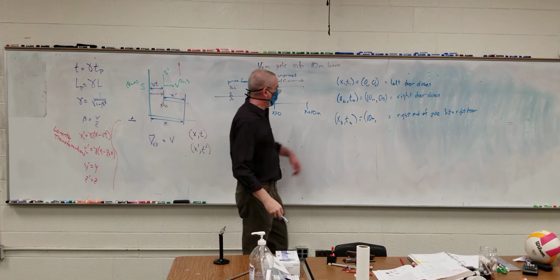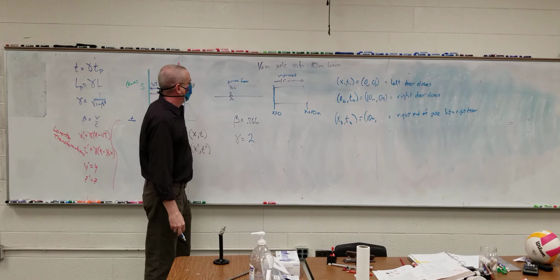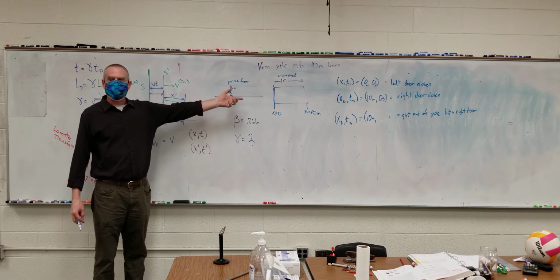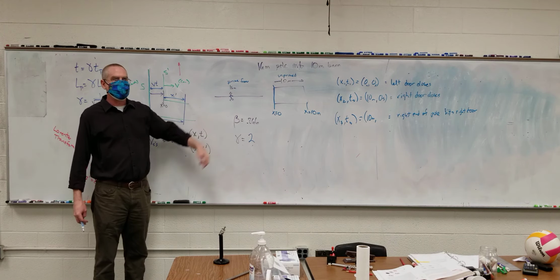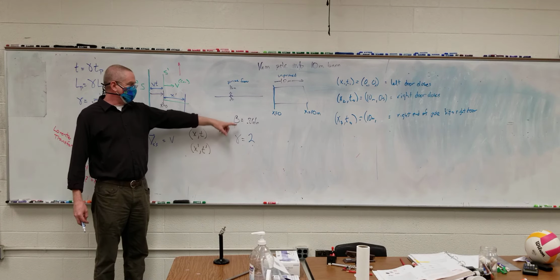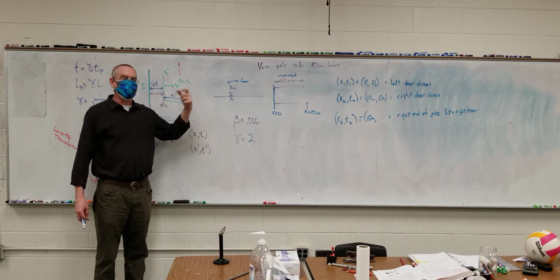Now, how much time takes place? Well, how big is the pole when it enters the barn? If it's traveling at 0.866 times the speed of light, how long is the pole from the barn's point of view?